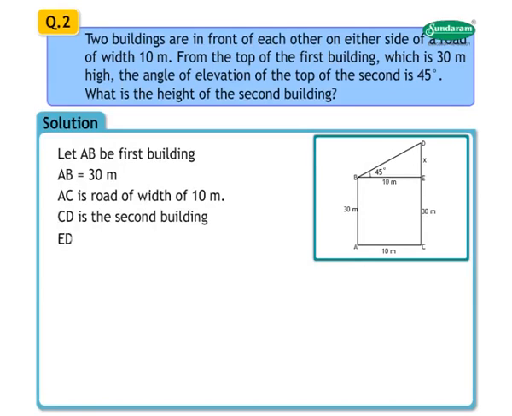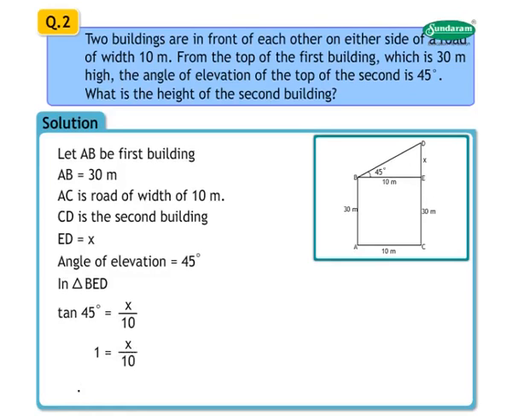We take ED to be x. Angle of elevation is equal to 45 degrees. In triangle BED, tan 45 degrees is equal to x upon 10. 1 is equal to x upon 10. Therefore, x is equal to 10 meters.